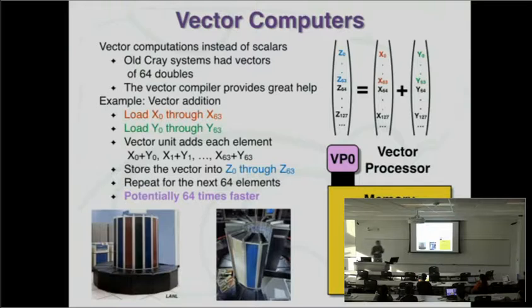There's cases where it can't. There's cases where some elements depend on a calculation from the previous part of the loop, and it just can't vectorize. But potentially, you get a 64 times speedup with these machines.